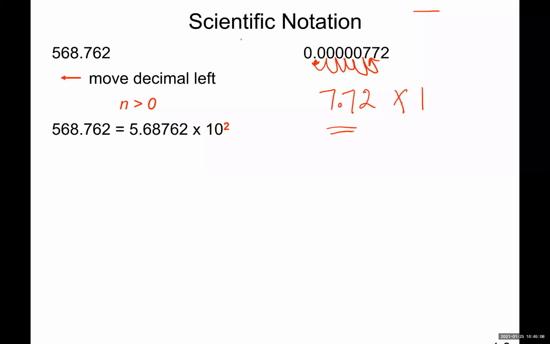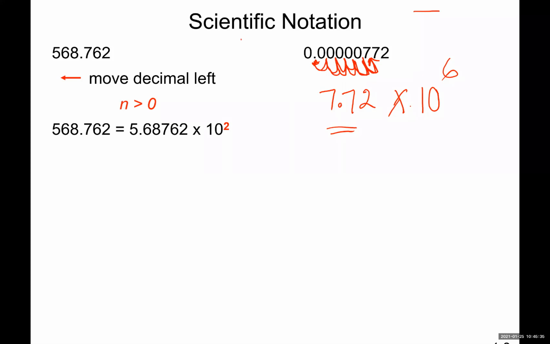What is the next part? Power of 10. What is power of 10? It's a number which is showing how many times I move the decimal point: 1, 2, 3, 4, 5, and 6. So it's 6. I move it 6 times, not to the left. I moved it to the right.